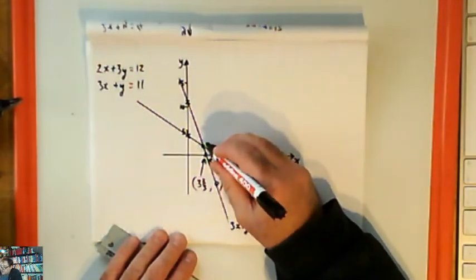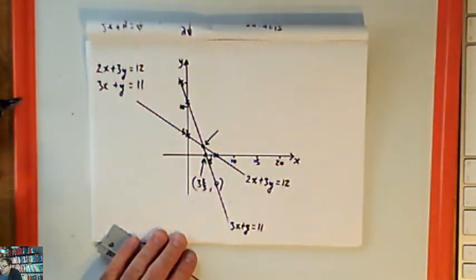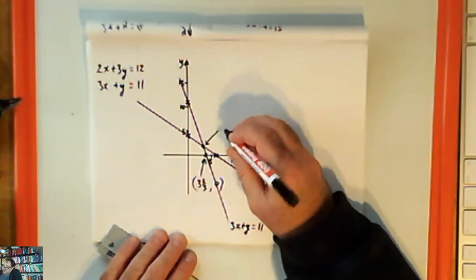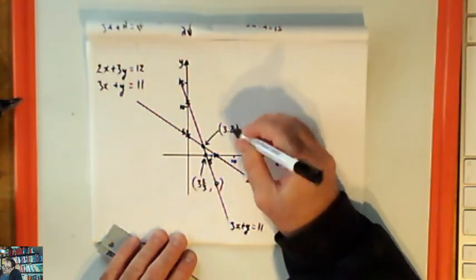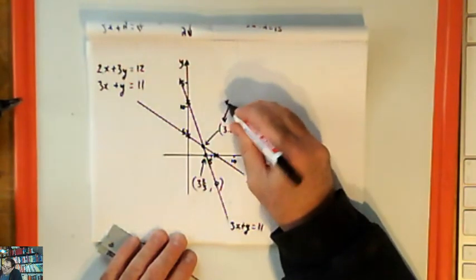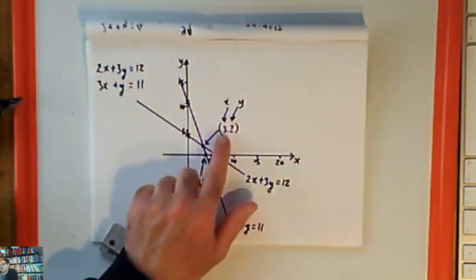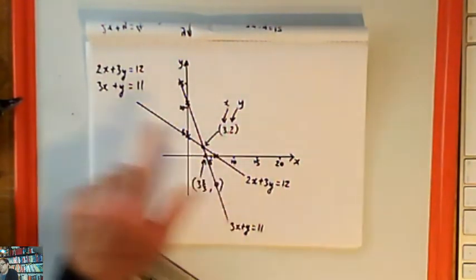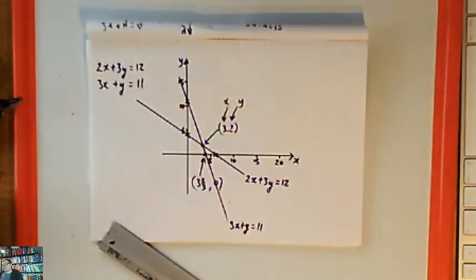So this point where they meet in the middle tells us what x and what y value work in both equations. So we can see that they go through the point (3, 2), which means that x is 3 and y equals 2. So x equals 3 and y equals 2 give us values that work in both of these equations.